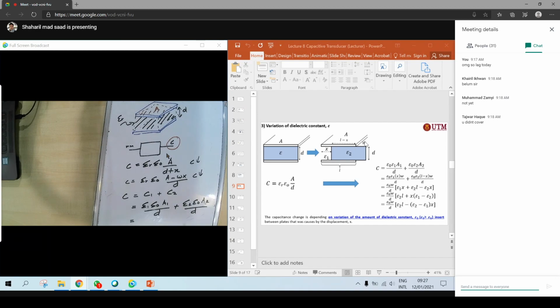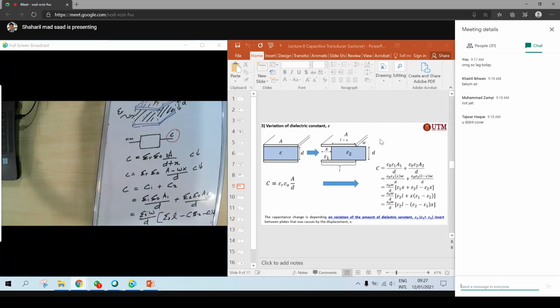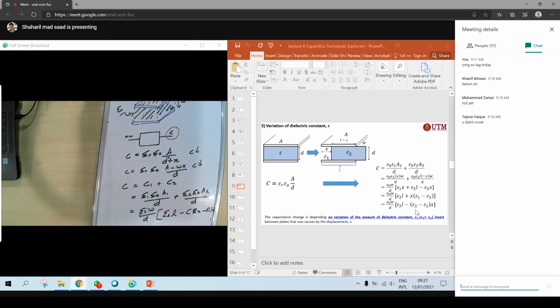Then you can simplify this equation to be divided by D, with epsilon 2 L plus epsilon 2 minus epsilon 1 times X. Basically there are two capacitances, C1 plus C2.